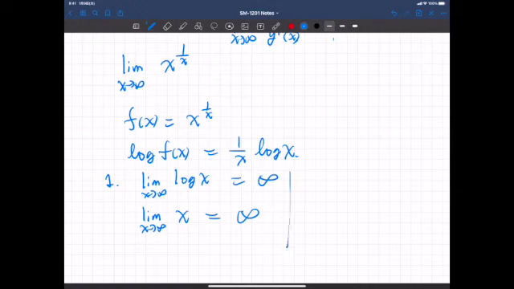And the second condition, x prime is 1, which is not 0.